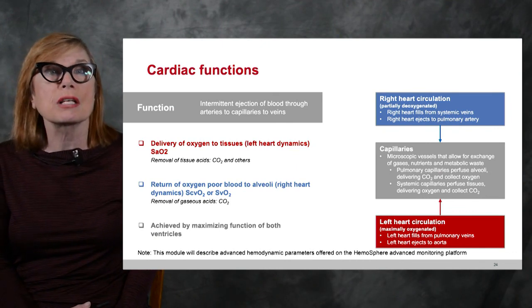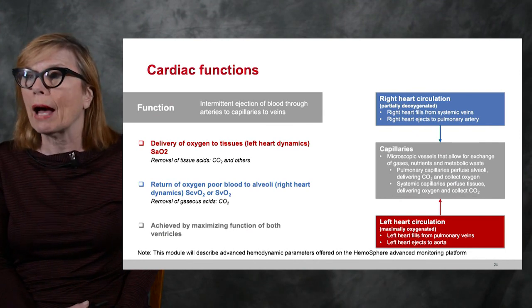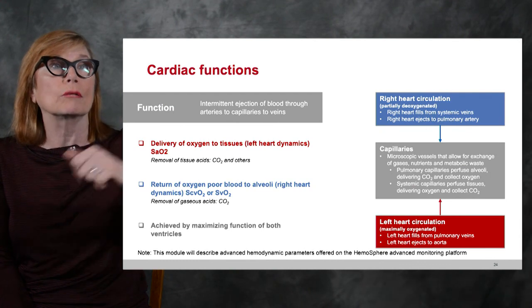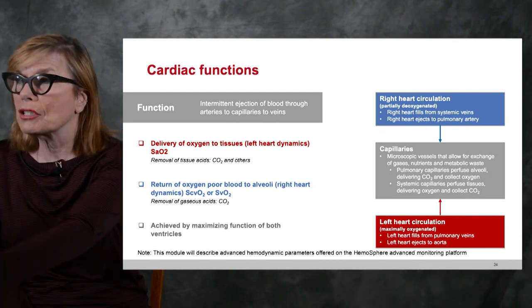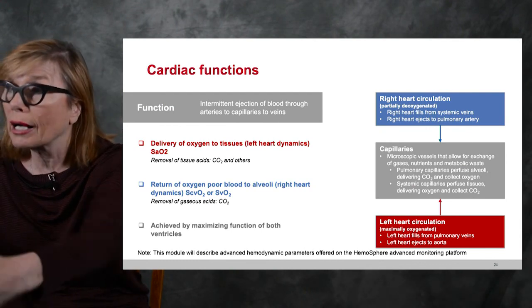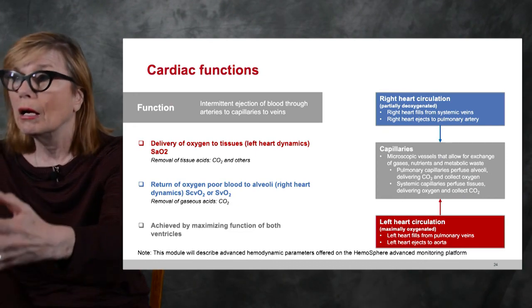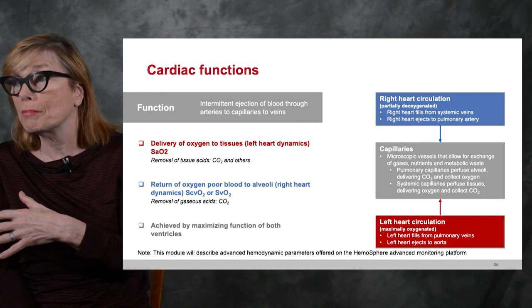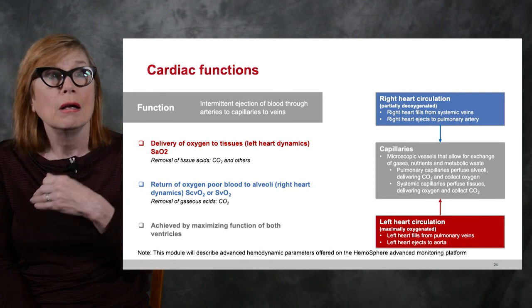And remind yourself that this happens at the capillary level. Capillaries at the alveolus uptake oxygen, download CO2. Capillaries at the cell download oxygen, delivering it to the cell, and take up carbon dioxide, which is the waste product, as well as metabolic acid hydrogen ion.